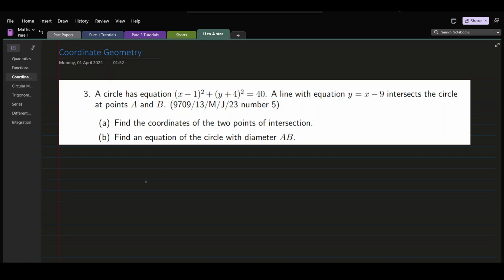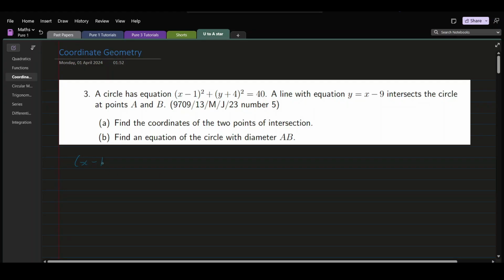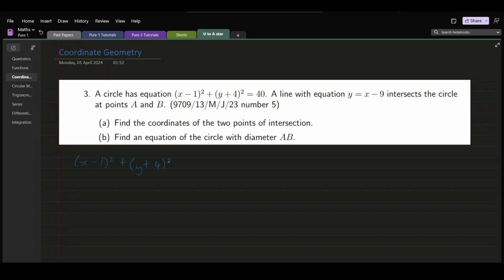Okay, so we've got (x minus 1) squared plus (y plus 4) squared is equal to 40. This is the equation of our circle. And then we have the line, which is y equals x minus 9. Now to get the coordinates of the 2 points of intersection, we have to solve them simultaneously. So we're going to substitute y with x minus 9 in the equation of the circle.